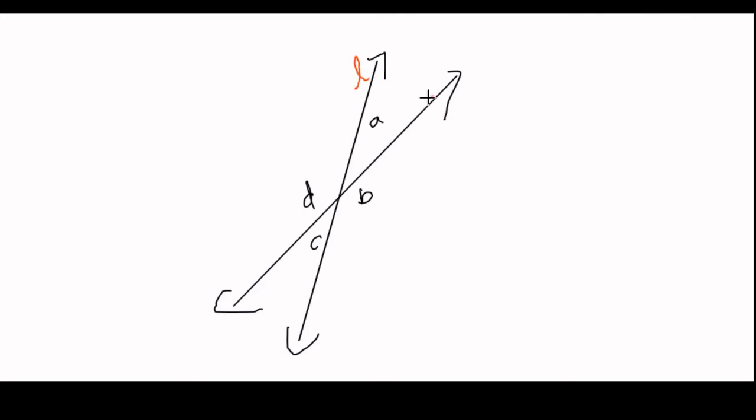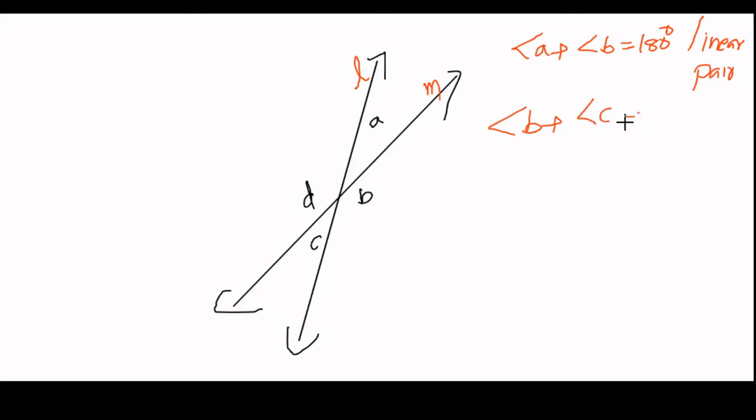So A, B, C, D are four angles formed where A and C are opposite and B and D are opposite, formed by the intersection of lines L and M. The opposite pairs are A and C, B and D, but we know that angle A plus angle B, if measured, will be 180 degrees because it is on line L, and the sum of measures of angle B and C also will be 180 degrees because it is on line M.